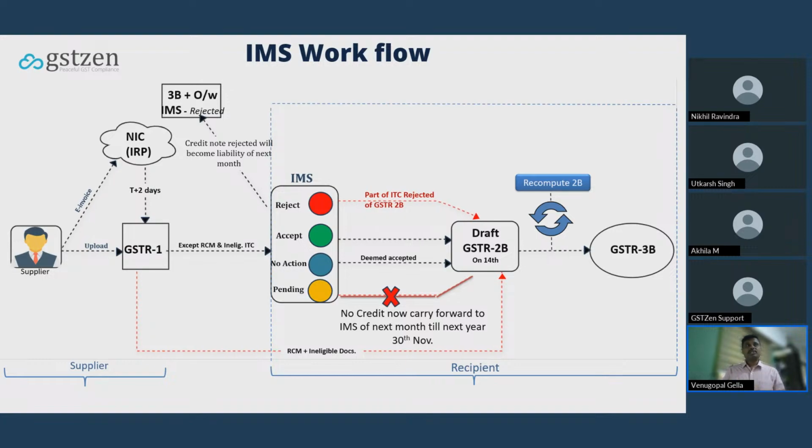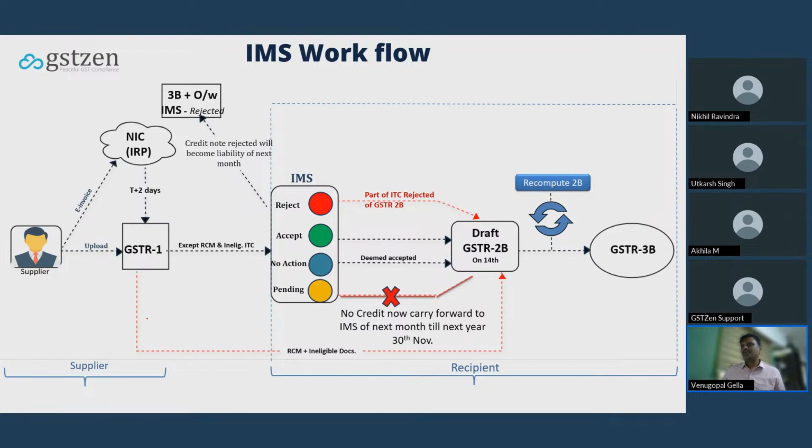What was the normal process? R1 was filed. Basis R1, on the 13th of every month, I as a recipient would know how much credit is eligible. That data used to be reported in GSTR 3B as my credit. Now an interim check has come, which says that you have to accept a record. Only the accepted record would be coming as a credit to you.